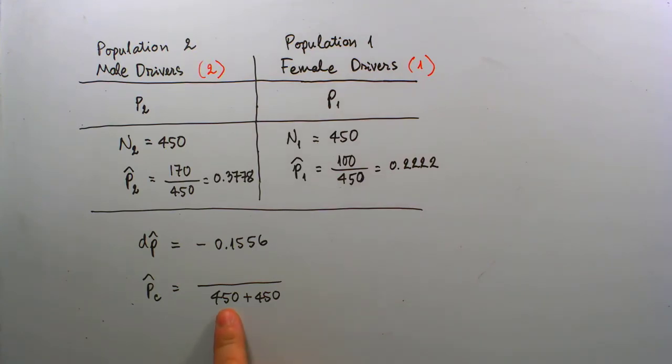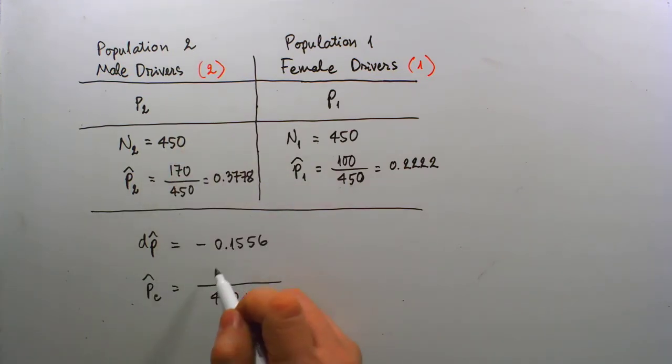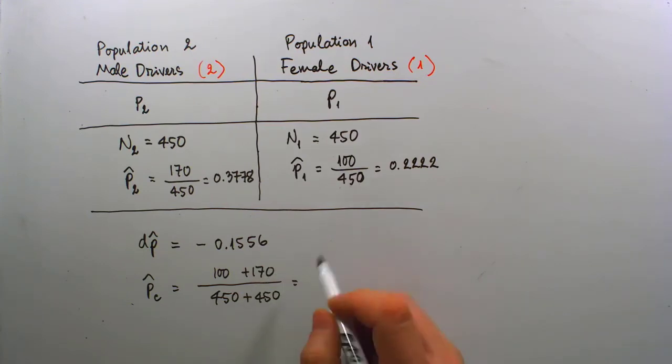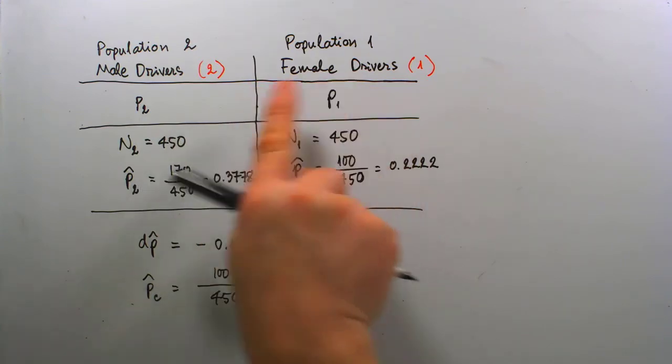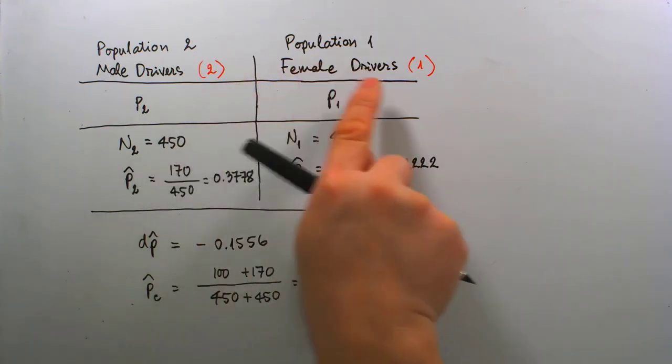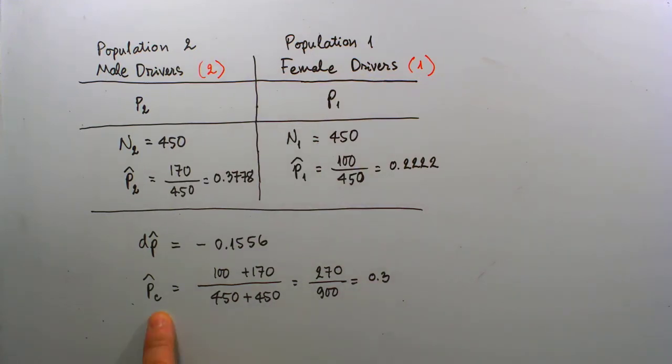So sample size 450 from P hat 1 and sample size 450 again from P hat 2 and we go in 100 plus 170, and it would come out the same, being 270 over 900, which gives us a final P hat C of 0.3. So as I said, switching the numerical labeling from the beginning here did not change our P hat C over here.